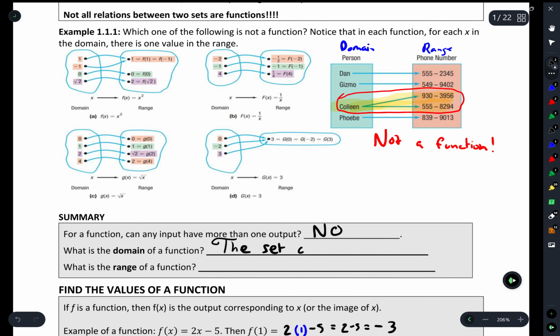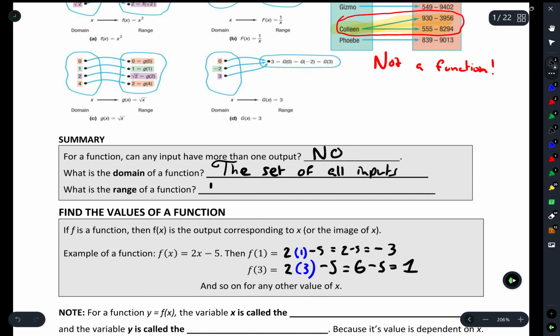And what is the range of a function? The range of a function is the set of all outputs.